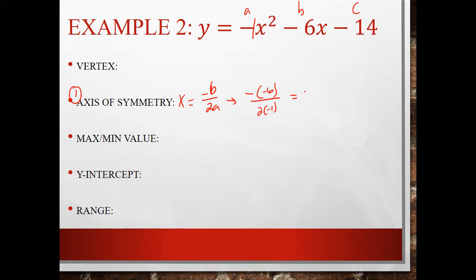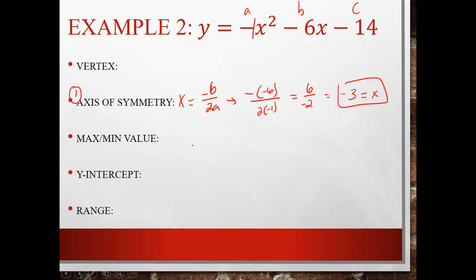A negative times a negative is a positive, and 6 divided by 2 is 3, I'm sorry, equals negative 3. So our axis of symmetry is at x equals negative 3. So we know the x value of our vertex.